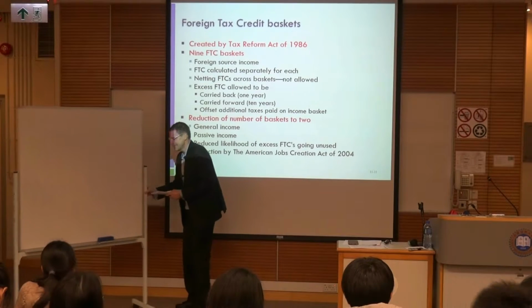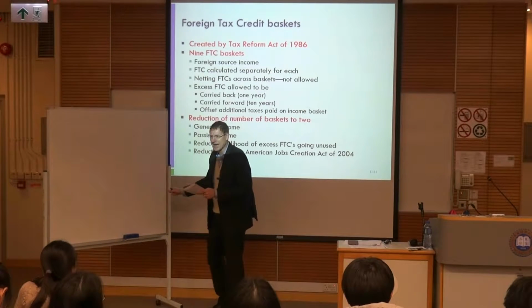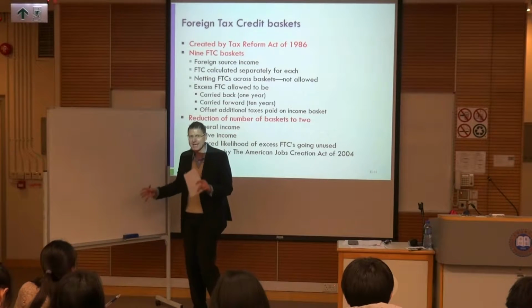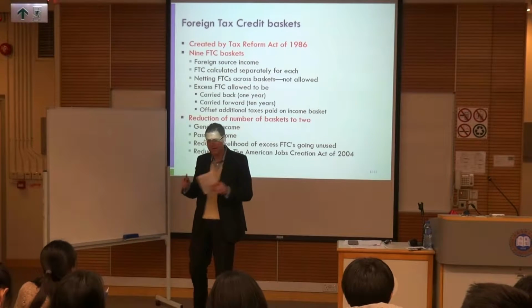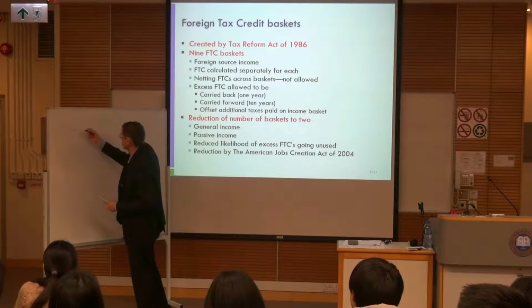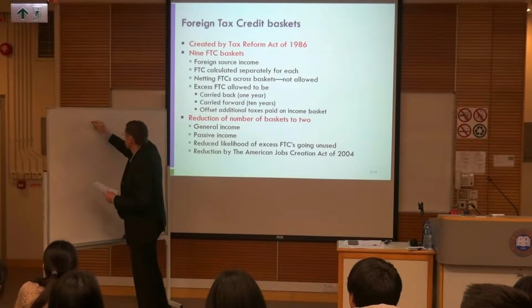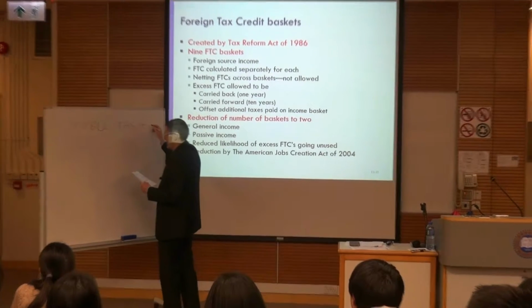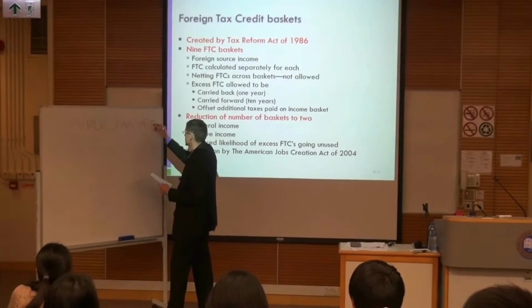So let me draw. We're sort of halfway through this chart, but let's get this chart up here and you'll see much easier what we're going on. All right, so we're looking at double taxation and foreign income tax credits.